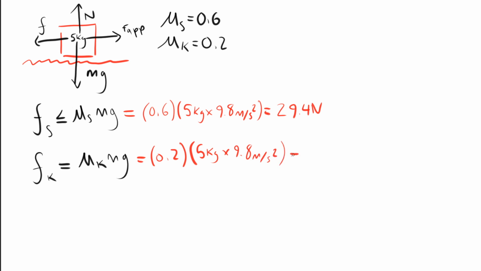And that is equal to, let's see, 0.2 and 5 are going to basically cancel each other out because that's the same thing as saying 1/5. So then this becomes 9.8 newtons. All right, so we've solved those two different pieces real quick. I'm going to go ahead and just put these underneath. So this is 29.4 newtons, just for quick reference. This is 9.8 newtons, just for quick reference.